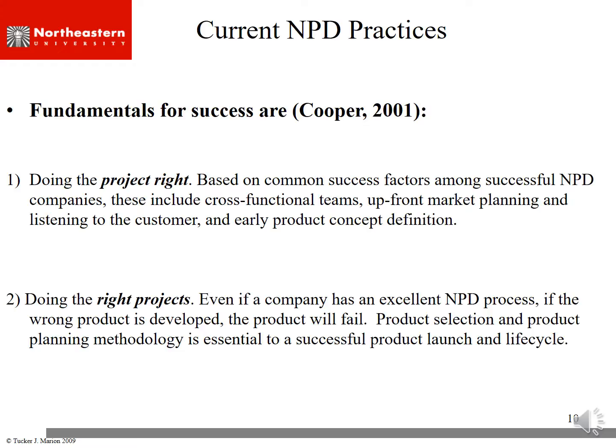You could have a great process, but be selecting the wrong products, and regardless of what process you have, if you're focused on the wrong products, you're doomed to fail. And the inverse is true as well. You could select the right products, and without process, could take forever, could be too expensive, could develop the wrong product. So you need both the right project, and you need to do the project right.